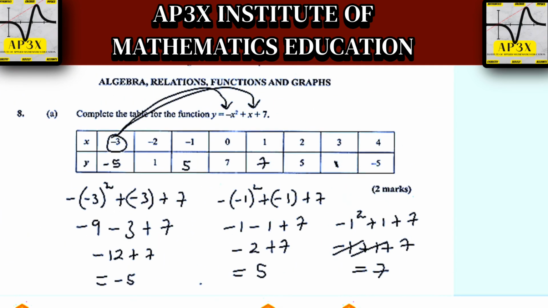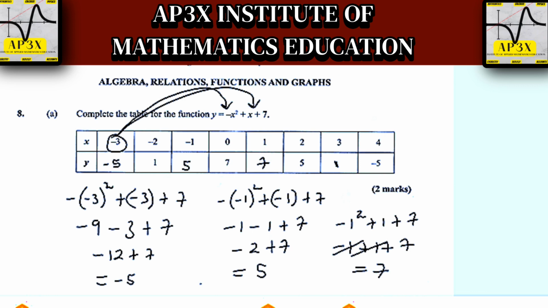Now we have, say here, minus 3 to minus 5. Let me just write that down right here so it's easier when I move my screen. Minus 3 to minus 5. Then we have minus 2 to 1. Then we have, say here, minus 1 to 5. And then I have 0 to 7.